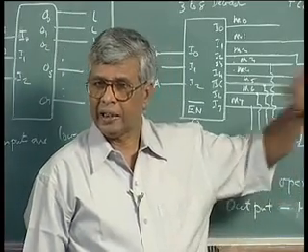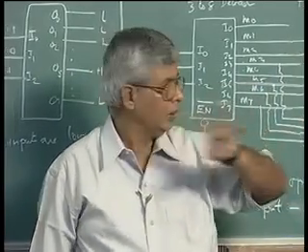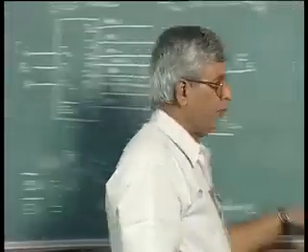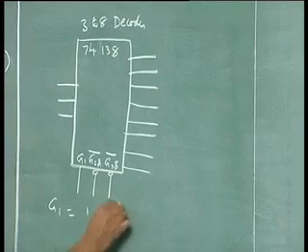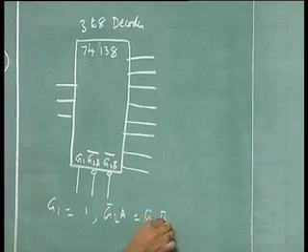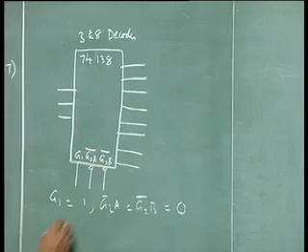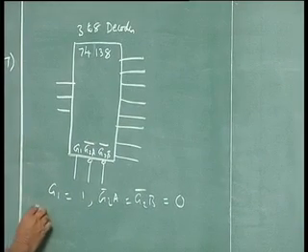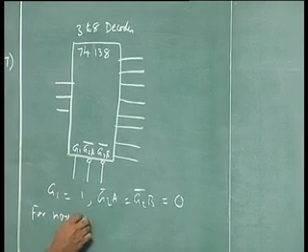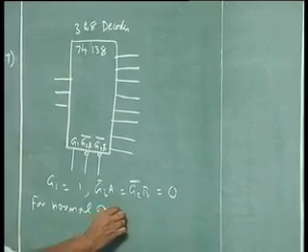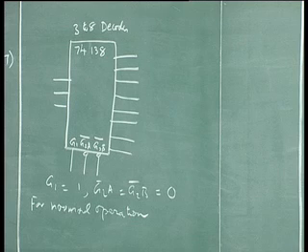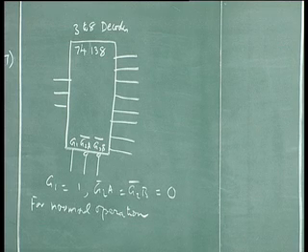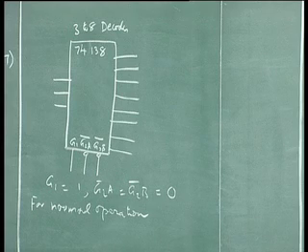This particular IC, which is 3 inputs, 8 outputs, has 3 enables. That means for the circuit normal operation, G1 should be high, G2A and G2B should be low. Only then the circuit will have normal operation. Why do you need 3?